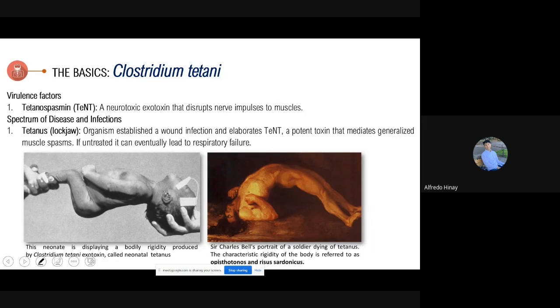Like for example, lockjaw. The organism establishes a wound infection and then elaborates tetanospasmin.